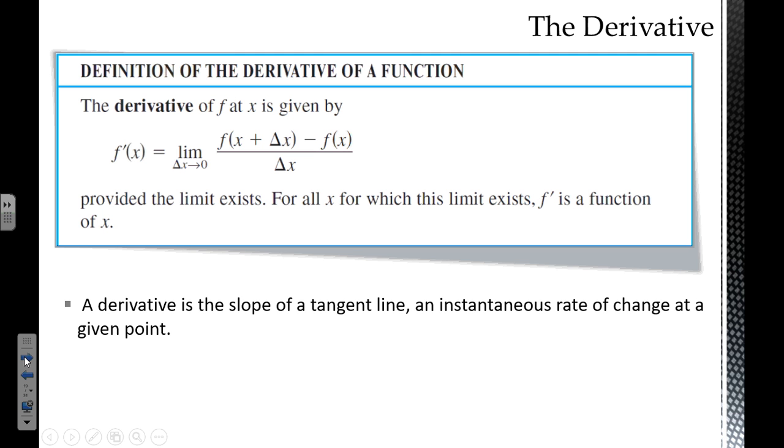So the derivative, right now, the only thing you know about a derivative is that it's the limit of the difference quotient. The limit as delta x approaches 0 of the difference quotient. It is calculating the slope of the tangent line, which is the same thing as the instantaneous rate of change at a point, which is the derivative.